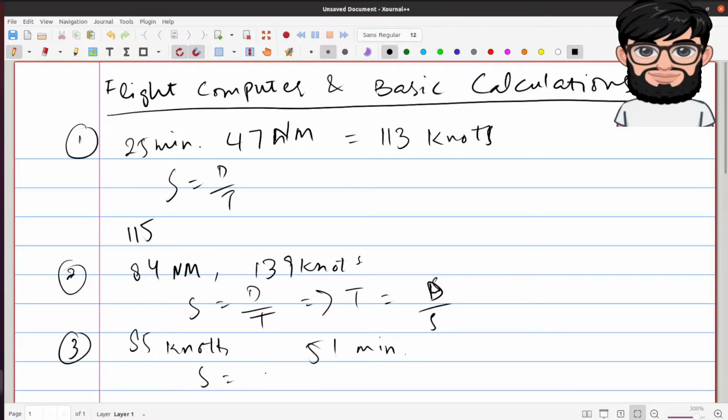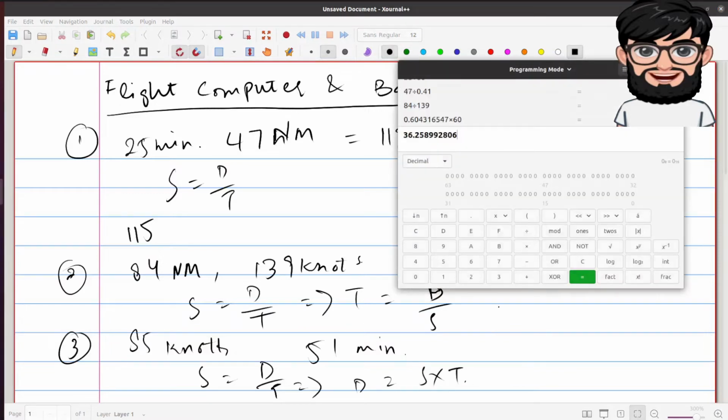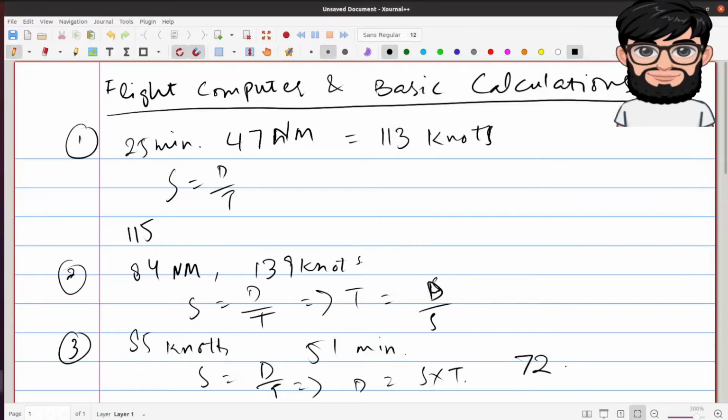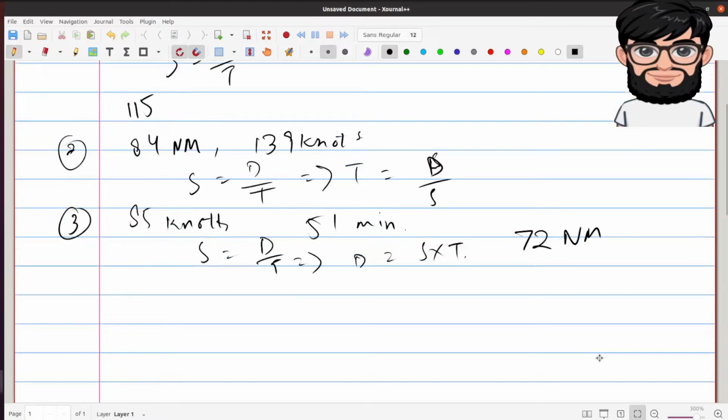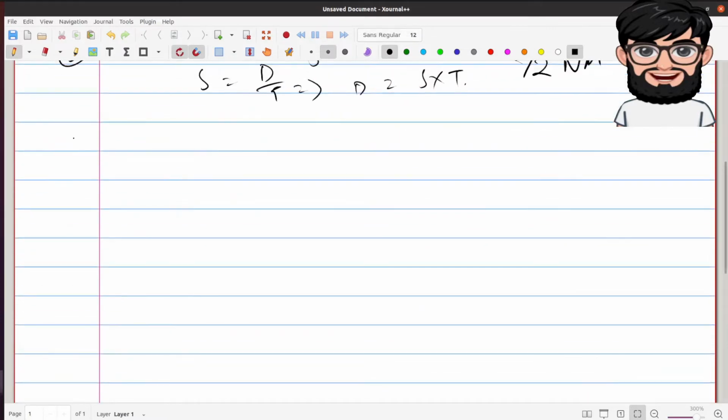Again, speed is distance over time, so the distance is going to be speed times time. First, the 51 minutes needs to be converted to hours. That becomes 0.85 multiplied by the speed, which is 85. So the distance you have covered is 72 nautical miles. Very simple.